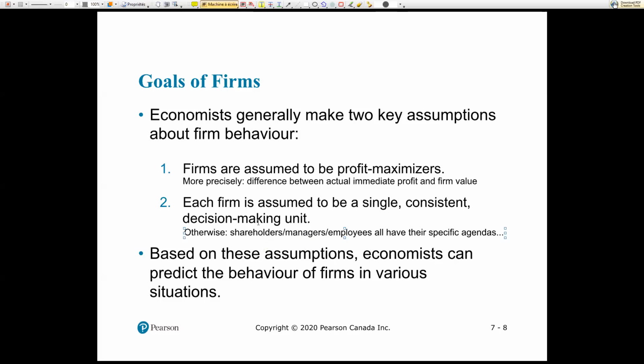So, but obviously that's very complicated. So all I'm saying with these 2 points is that's the departure from reality. If we go there, it's more complicated, but it's more realistic. Yeah, so based on these 2 assumptions, then we can say that economists can predict the behavior of firms in various situations.